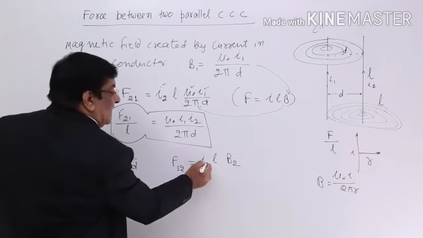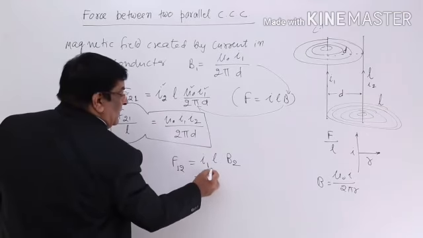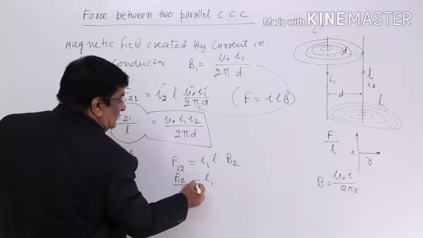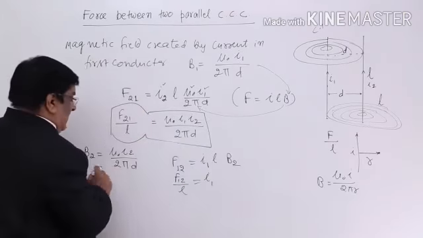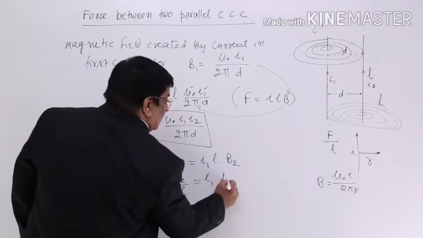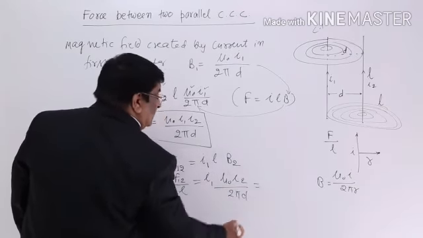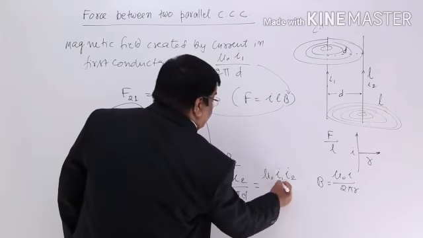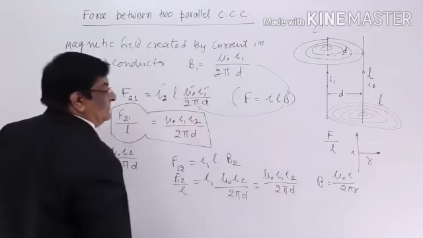So this is I1 L B2. Transferring I1 L here, F12 upon L, the force per unit length, is I1 multiplied by B2, which is mu naught I1 I2 upon 2 pi d.